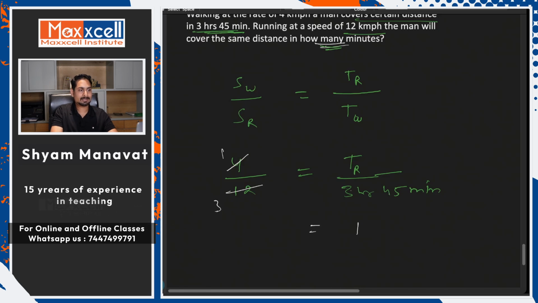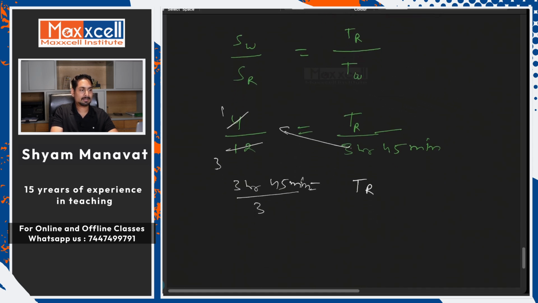So time taken while running is, taking 3 hours and 45 minutes divided by 3, that's 1 hour, and 45 minutes divided by 3 is 15 minutes, right? That's the time taken by running.